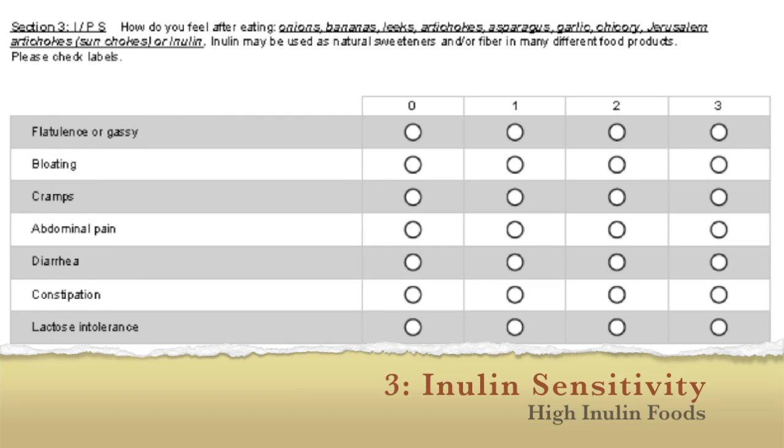Section 3. Inulin sensitivity. Is inulin a friend or a foe? Inulin is an ingredient added to food either as a prebiotic or a natural sweetener.